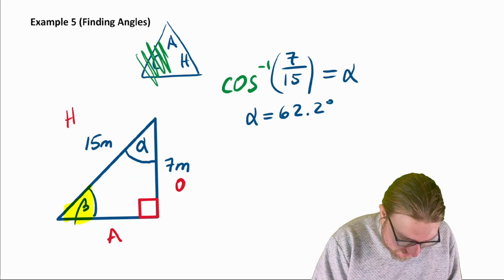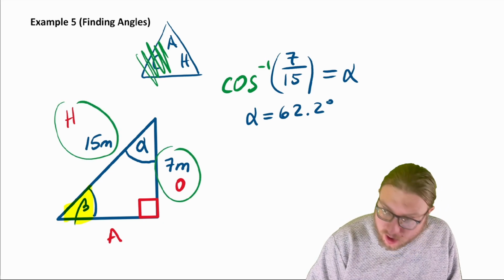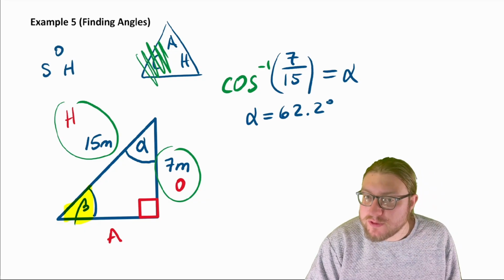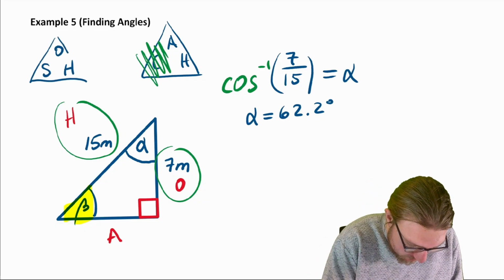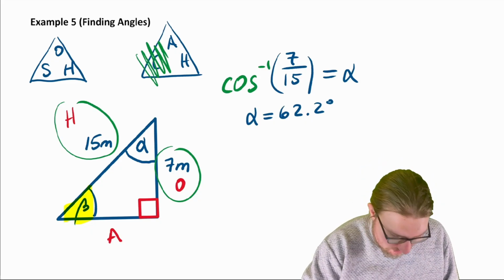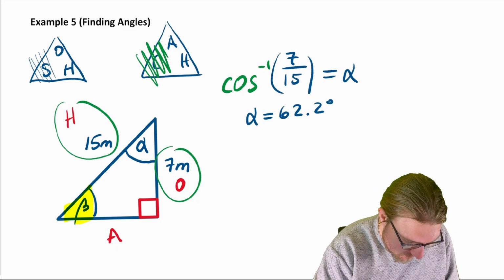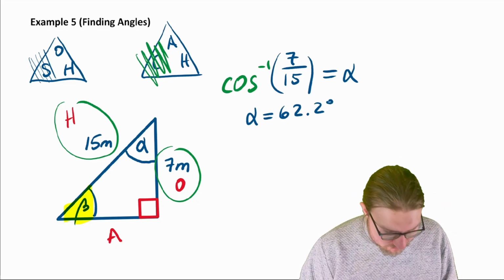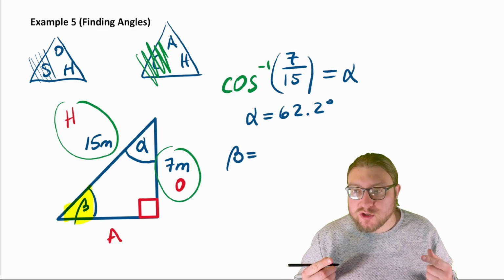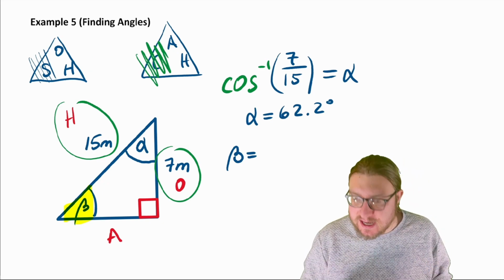So if we're now using this information here, we have been given H, we have been given O. So in our triangle is an O and an H. So that would be SOH. Again, the one that we're covering is the angle because we want to find the angle. So we're going to cover this part up. So if we want to now find our angle beta, then all we've got to do is follow O divided by H, but put it into the sine inverse.